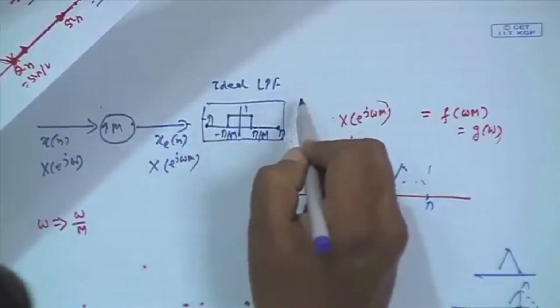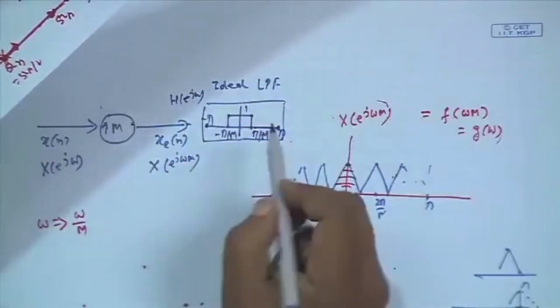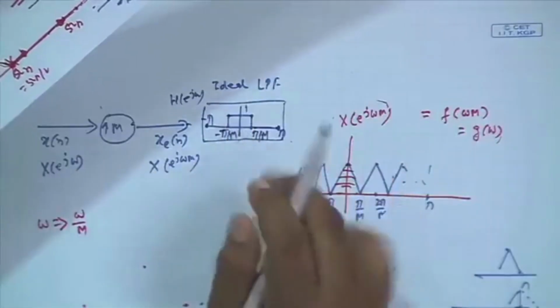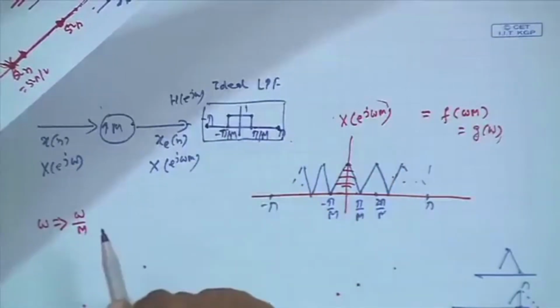This is the DTFT H(e^{jω}), right? It looks like this, with pi by M, minus pi by M, and 1. So, whatever comes in this band it passes, and then 0 up to pi, 0 up to minus pi.